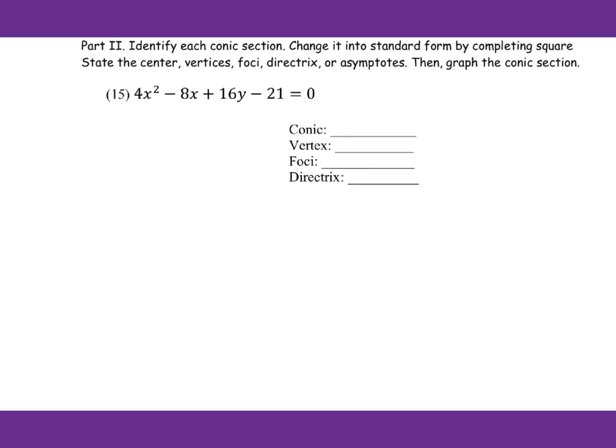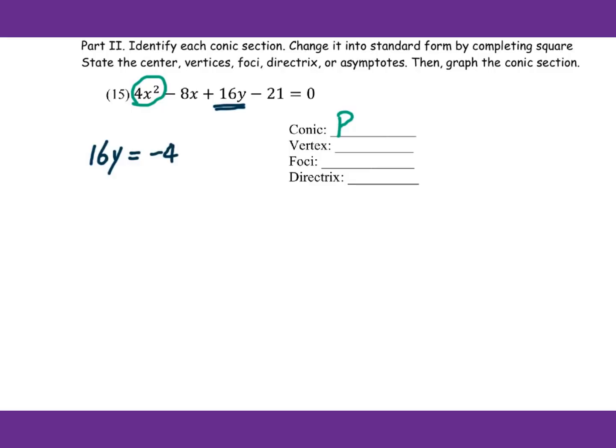Let's go to number 15. We know this is a parabola because we only have a x squared, no y squared. Therefore, first of all, you need to isolate that y on one side. So we got the 16y equals, move everything to the right side.